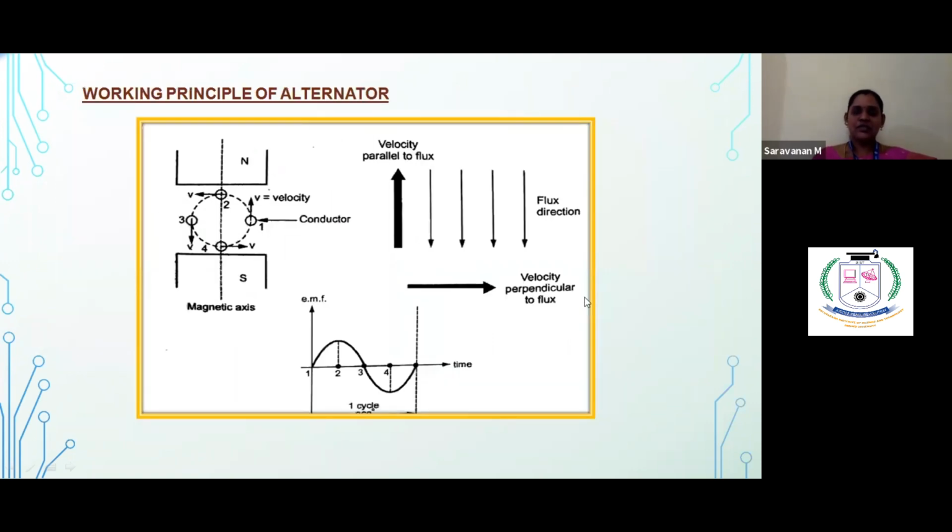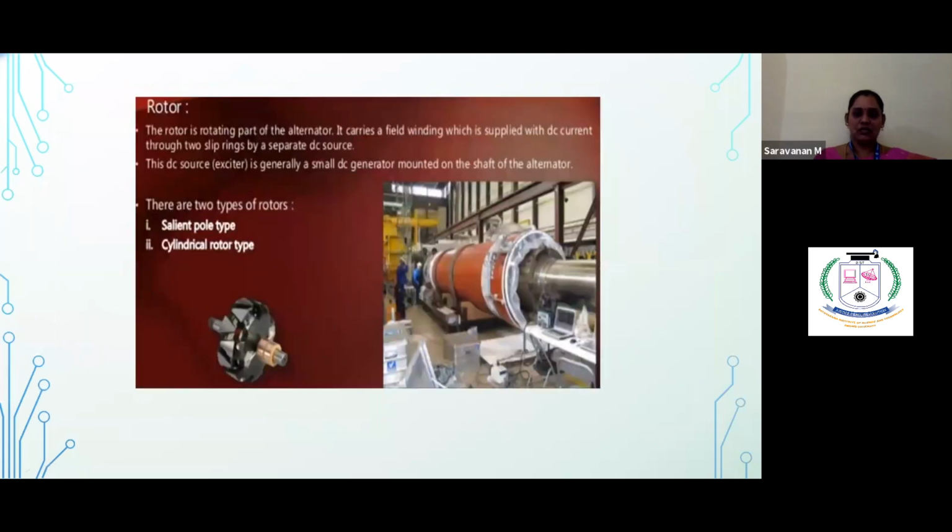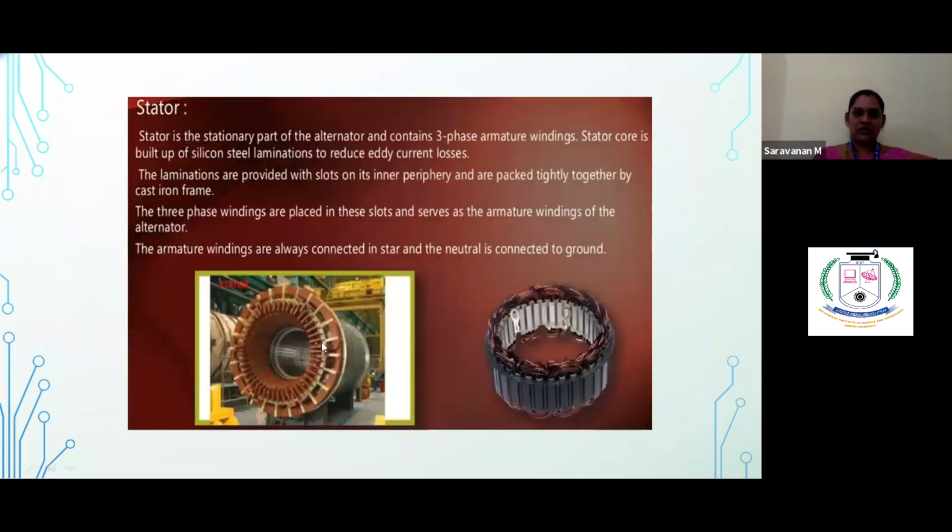Okay, so what is the principle of the alternator? Very simple. You have two important parts, stator and rotor. I said the rotor is the rotating part and stator is the stationary part. So first, initially you are going to apply a small magnetic field to magnetize your stator. Once the stator winding is magnetized, you make your rotor rotate.